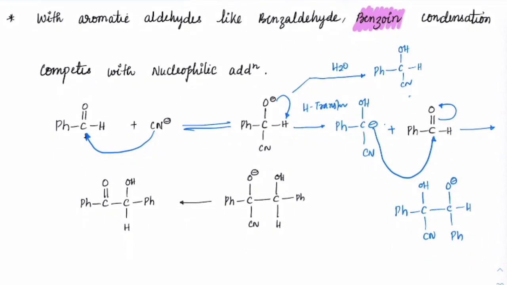Now once you get here, again this O minus will take away this H plus, so that the CN minus can leave here. So this O minus will close up here and CN minus will leave, and that's how we will get benzoin. So C double bond O, OH, H and Ph. This formation is called benzoin. So this benzoin reaction will also compete with the cyanohydrin formation in the case of benzaldehyde or aromatic aldehydes.